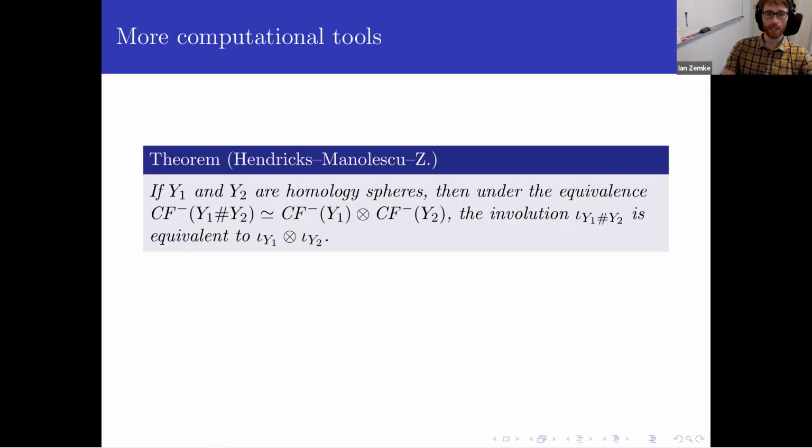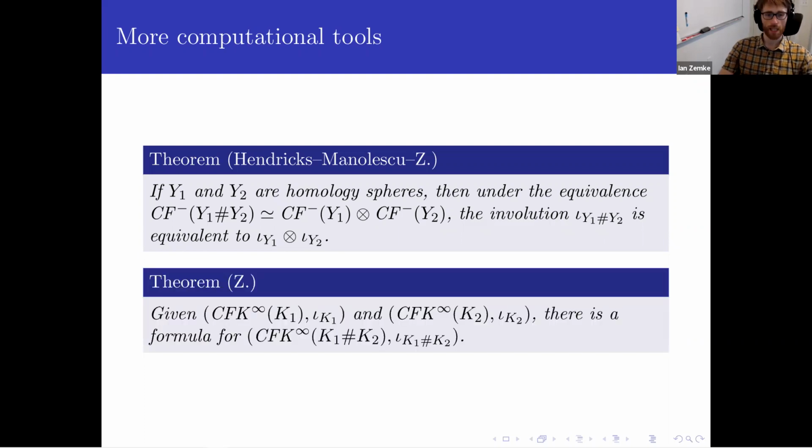We proved that a while back, and within a year or so, I wrote down a tensor product for the knot versions too. The involution isn't just the tensor product, but it's a little more complicated; there's some formula from the chain complexes and their involutions. So these are the computational tools that we have.